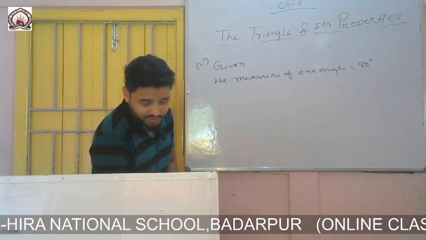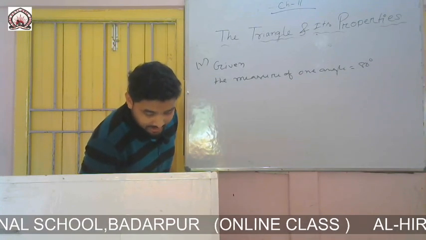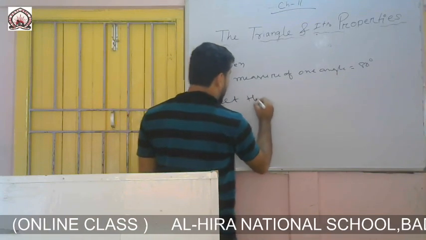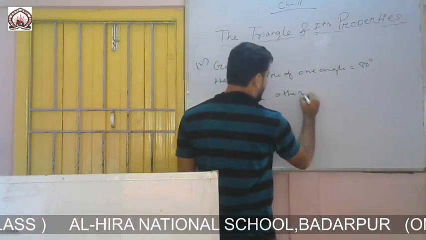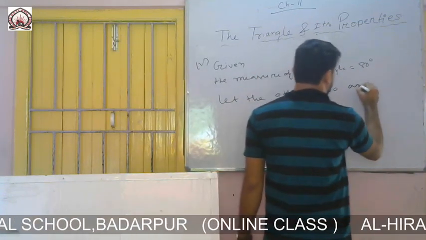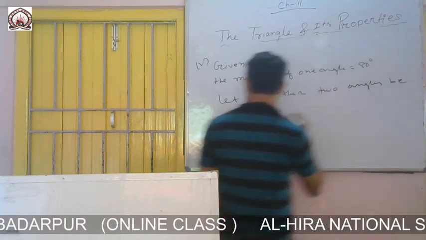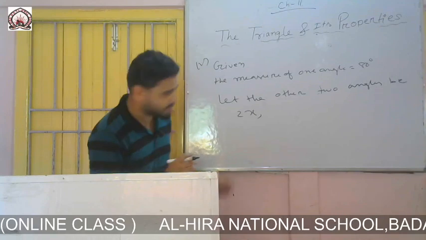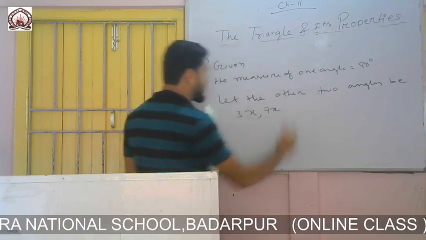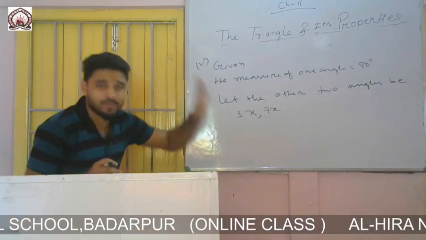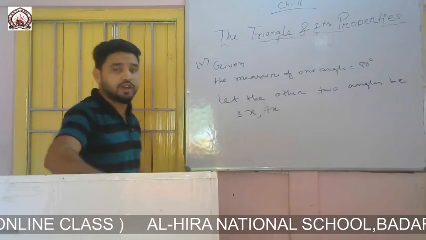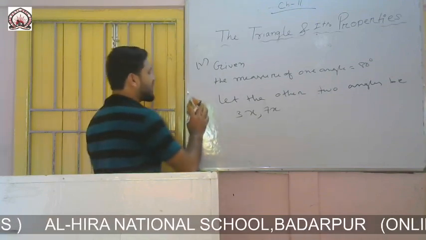So for that reason we let the other two angles be thrice x comma 7x. Now by the angle sum property, if we add the three angles, then we will get 180 degree. So from there we can find the measure of angle x.